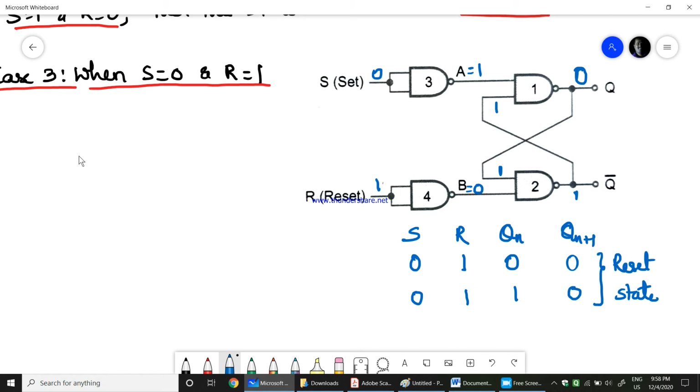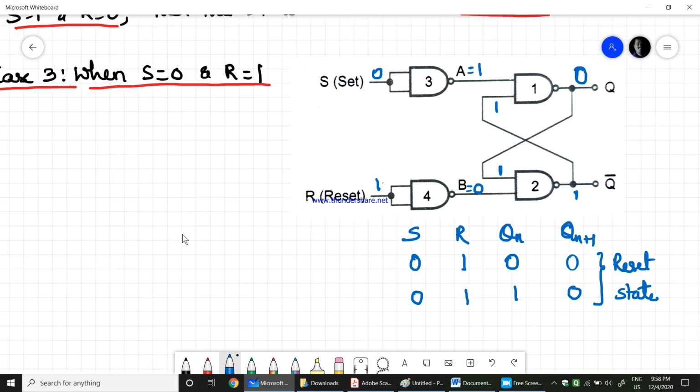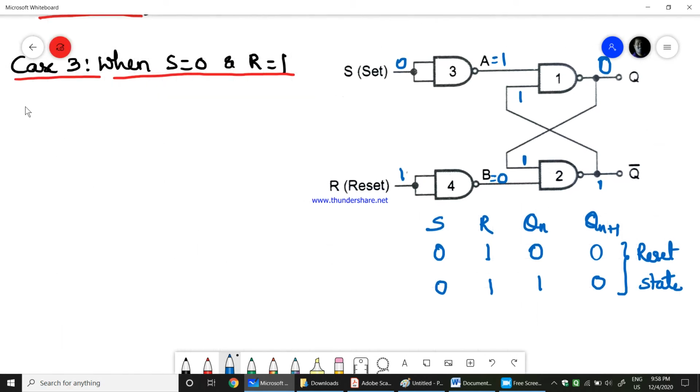Okay. So when S equals 0 and R equals 1, then A will be equal to 1 and B will be equal to 0.